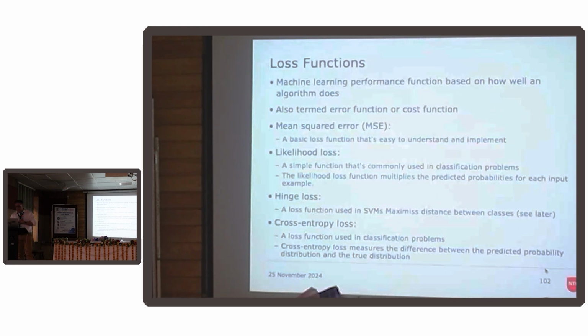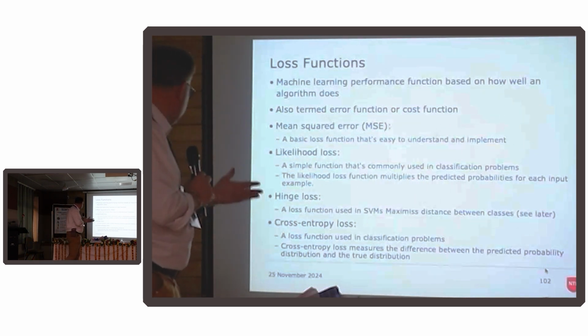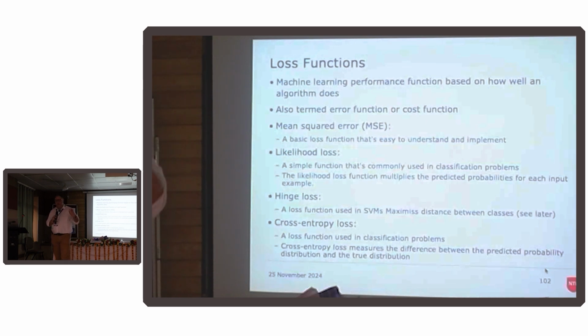And we have cross-entropy loss. So this is often used, it's a measure of entropy. So entropy is kind of noise, randomness. So it's measuring the difference between the probability distribution of a model and what it estimates the true distribution from the actual result.